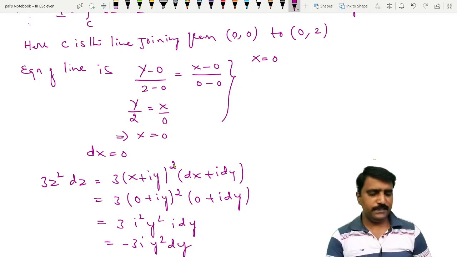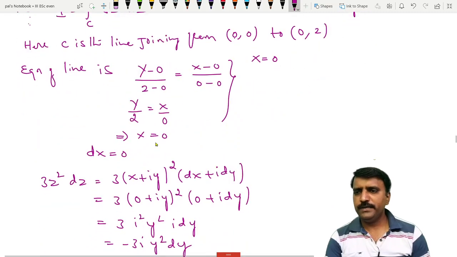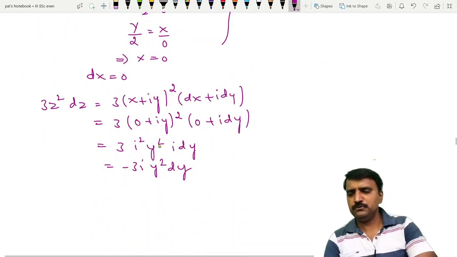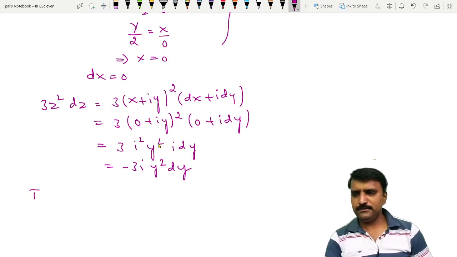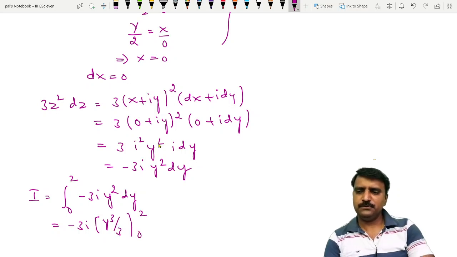It is minus 3i y square dy, and you notice that from this point to this point, y varies from 0 to 2. So you take the limit 0 to 2, and I is equal to the integral from 0 to 2 of minus 3i y square dy, which is equal to minus 3i times the integral of y square, that is y cube by 3, with limits from 0 to 2.